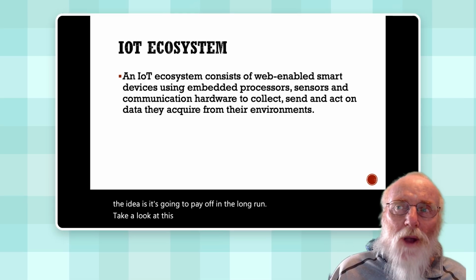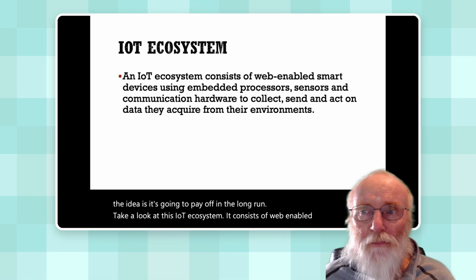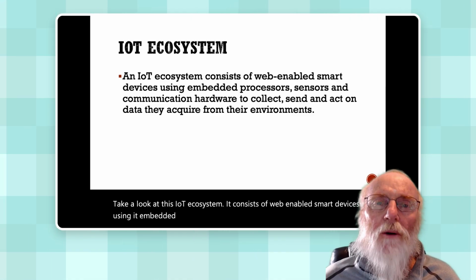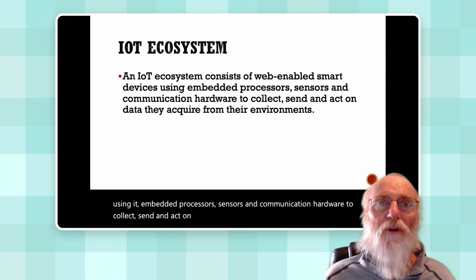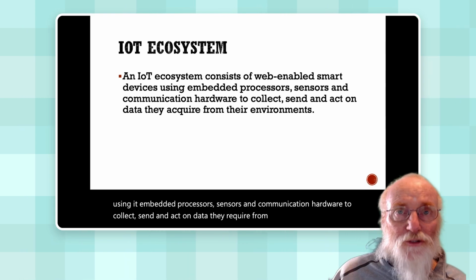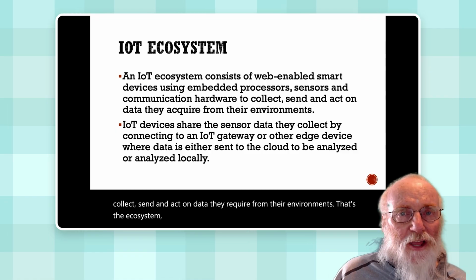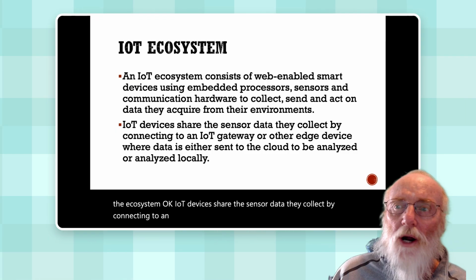Take a look at this IoT ecosystem. It consists of web-enabled smart devices using embedded processors, sensors, and communication hardware to collect, send, and act on data they require from their environments. That's the ecosystem, okay? IoT devices share the sensor data they collect by connecting to an IoT gateway or other edge device.